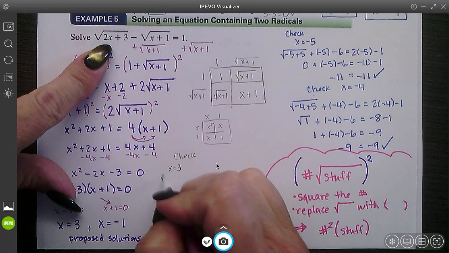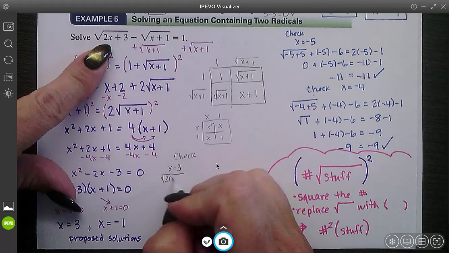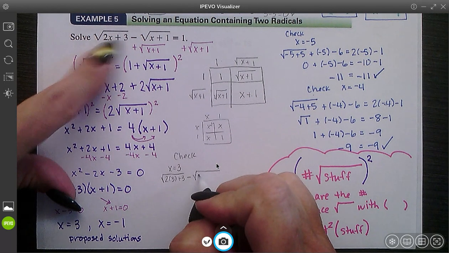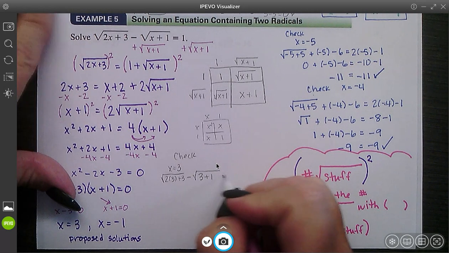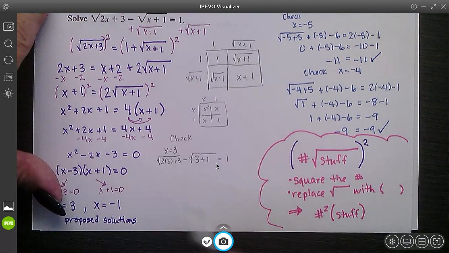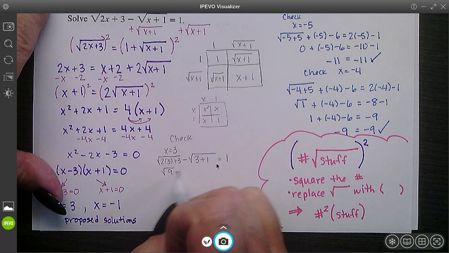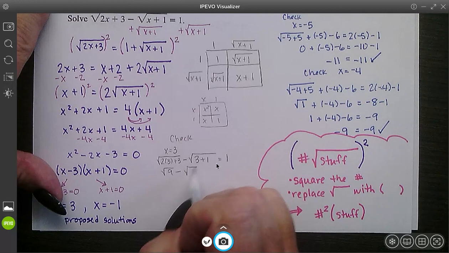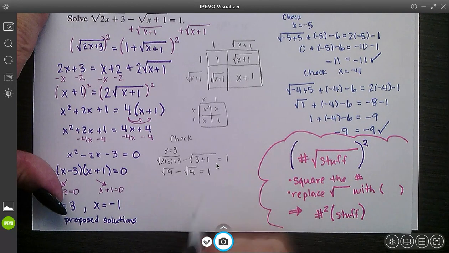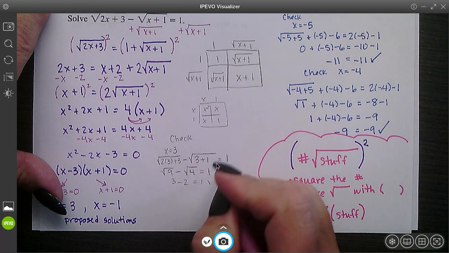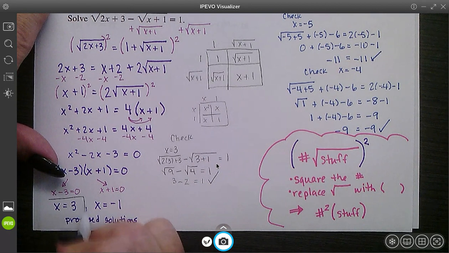So I've got square root of 2 times 3 plus 3 minus square root of 3 plus 1. Does that equal 1? 2 times 3 is 6, and 6 plus 3 is 9. So square root of 9 minus square root of 3 plus 1, which is 4. Square root of 9 is 3. Square root of 4 is 2. And 3 minus 2 actually is 1. So x equals 3 works.